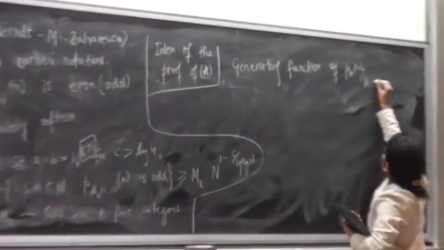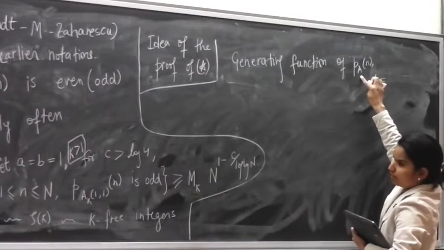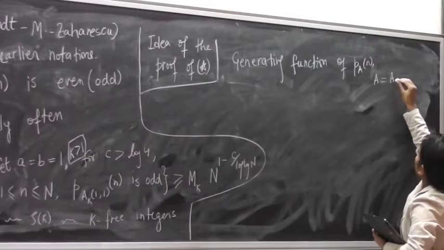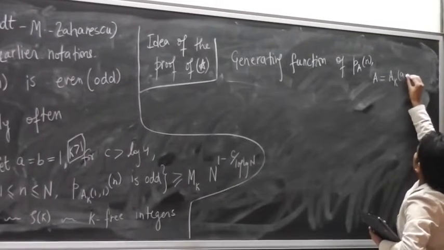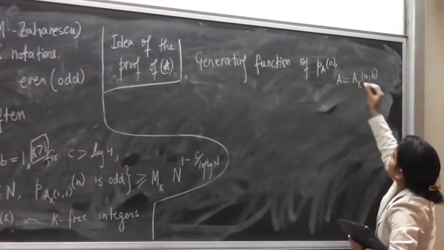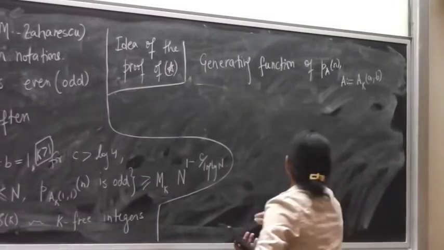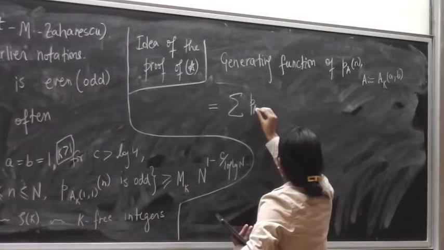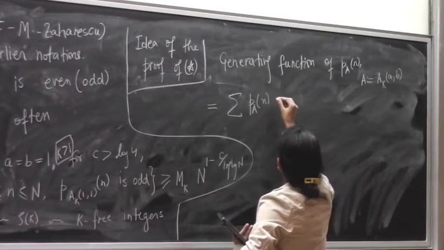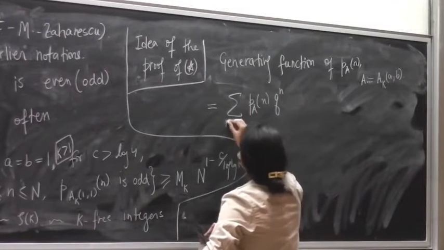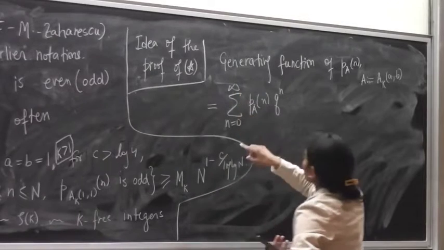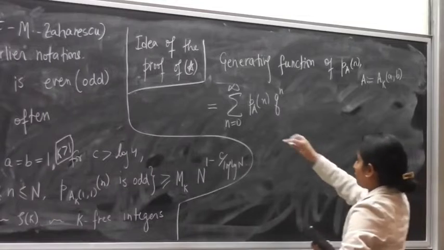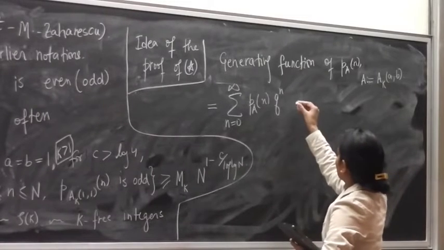I'm just going to write this notation instead of a sub k a b, I'll just call it a, because my k and a b are fixed. And the generating function of this is the sum of these partitions times q to the power n, n going from 0 to infinity. The partition of 0 is 1, we just say that this is equal to 1.